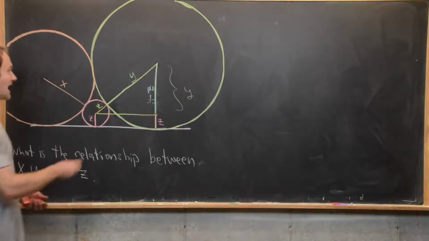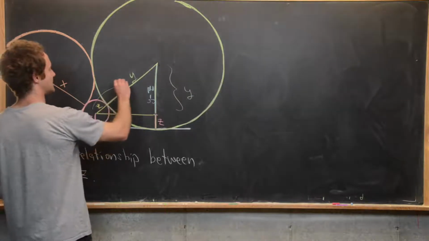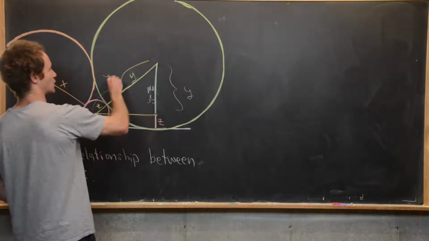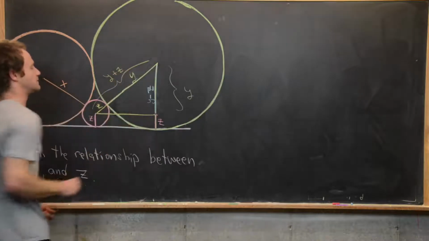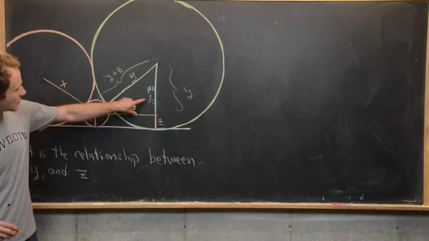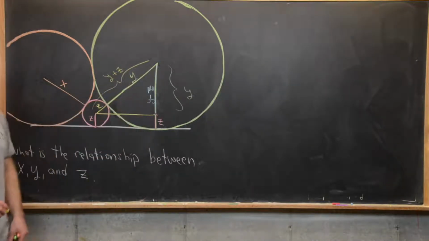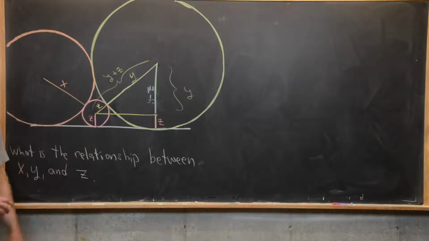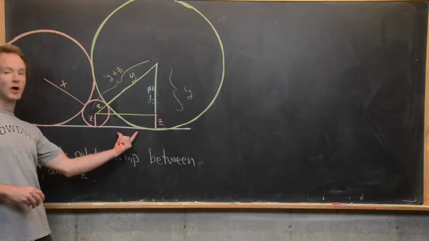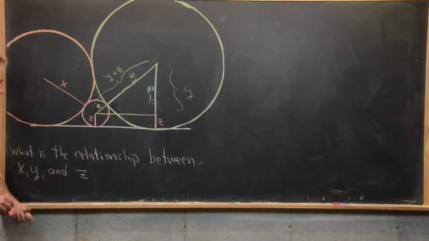So we can put that together and notice that this length on the triangle is y plus z. At the moment we're building a triangle with one leg of length y minus z, and the hypotenuse is y plus z. Then we don't quite know what this is, so we'll just give it a name.